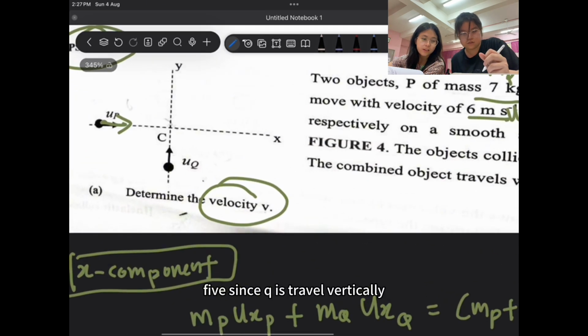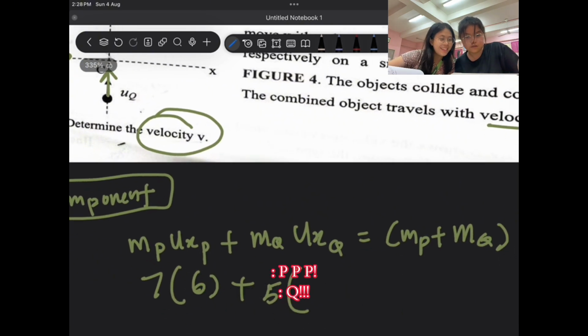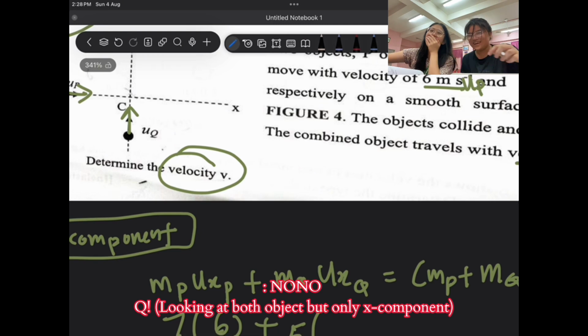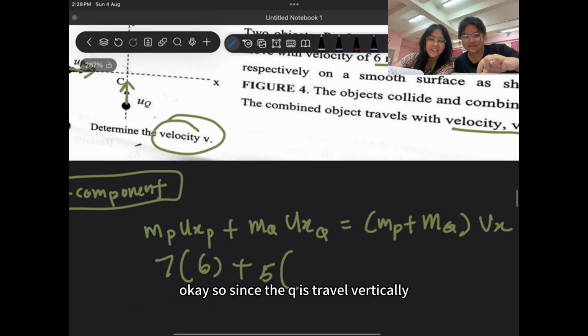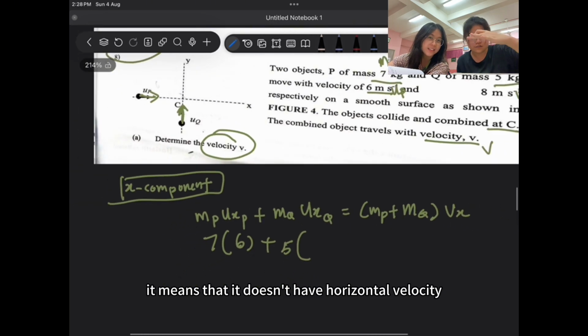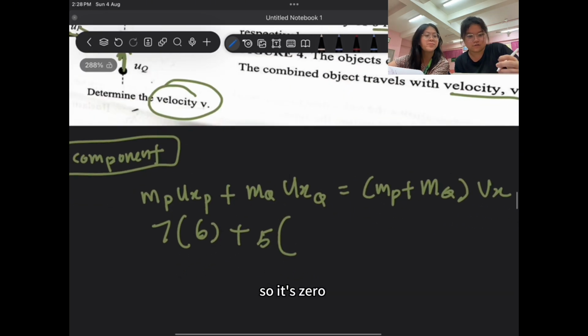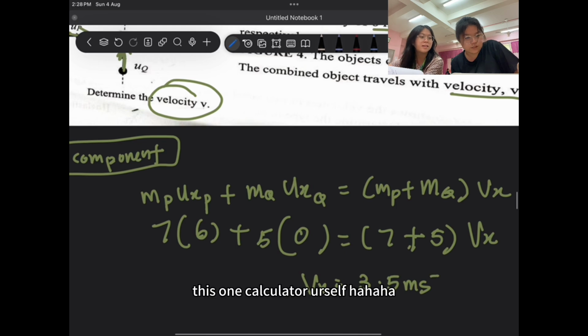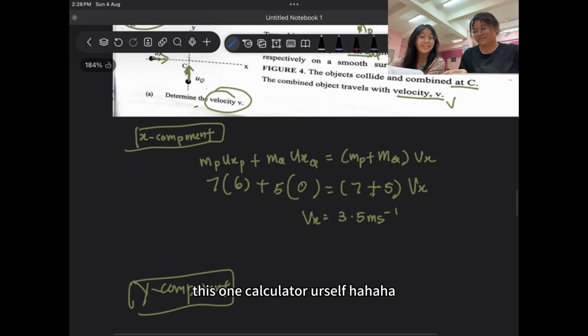Since Q travels vertically, it doesn't have a horizontal velocity, it doesn't have an x velocity, so it's 0, equal to (7 plus 5) Vx. So we find that Vx is equal to 3.5 meters per second. This one you calculate with your calculator yourself.